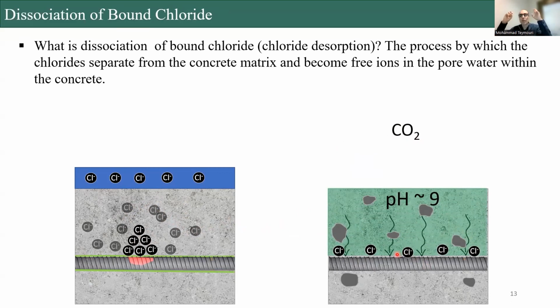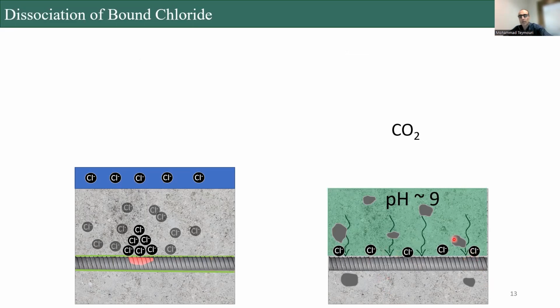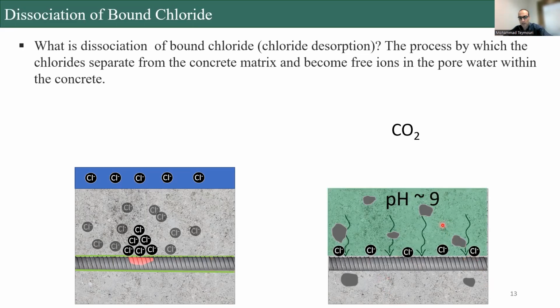This is the phenomenon that I'm working on. This is one of the most underrated phenomena in service life modeling, which from now on I will call chloride desorption. Chloride desorption is a process in which the chloride ions separate from the matrix right here, and we have more free chloride ions that can initiate the corrosion.